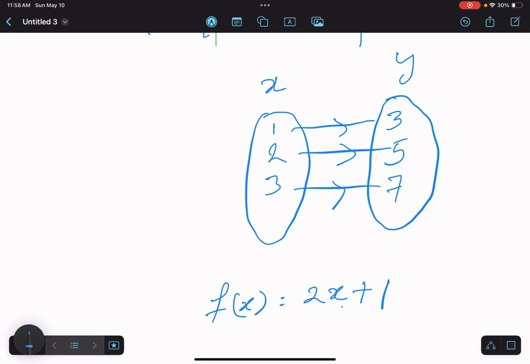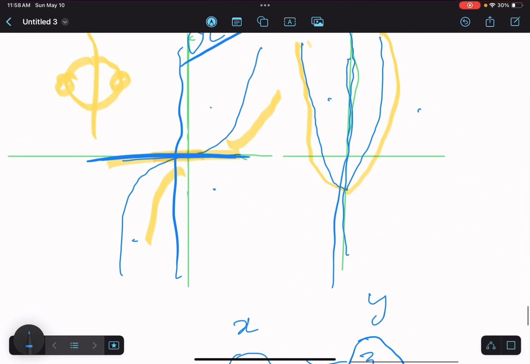So if a function f yields a single output for each input and also yields a single input for every output, then this is a one-to-one function. Suppose if I draw a horizontal line over here, this horizontal line cuts this function at 2 points, right?